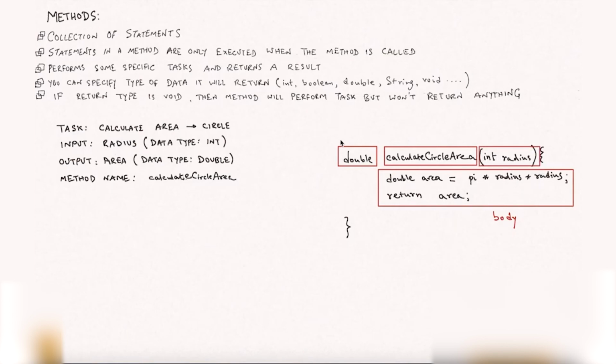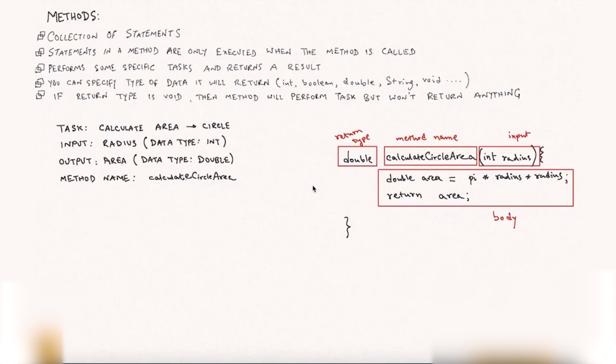So again, this is return type. This is method name. And this is input. And of course, this is input type. So that is how your method is constructed.